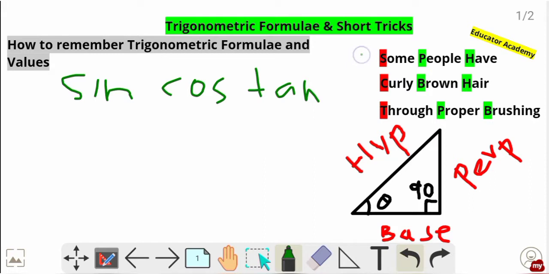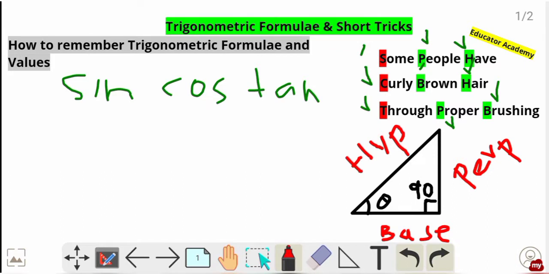The S shows sine, the capital C shows cos, and the capital T shows tangent. Now in people, P shows perpendicular, H shows hypotenuse, B shows base, again H shows hypotenuse, P shows perpendicular, and B shows base.